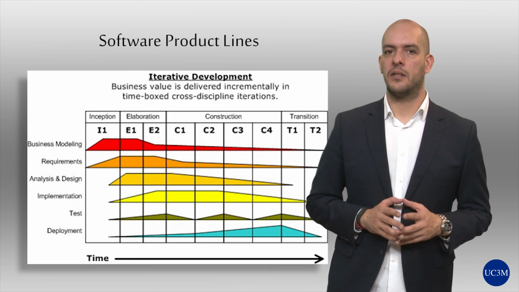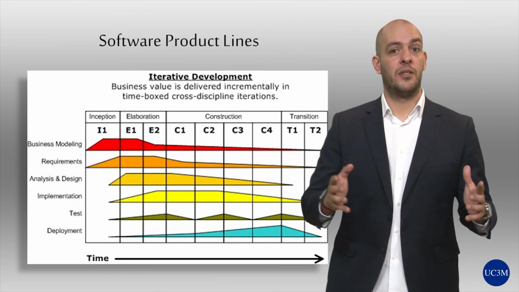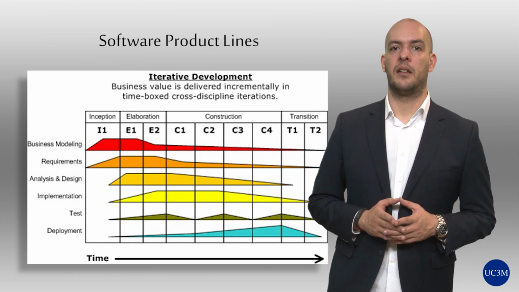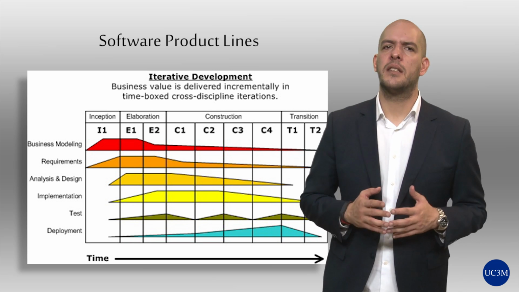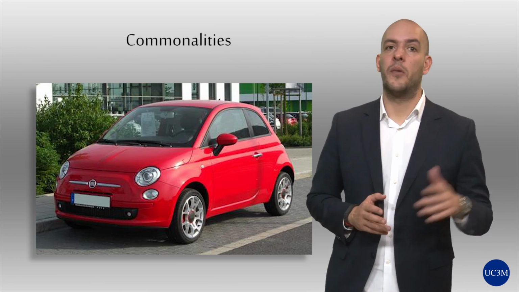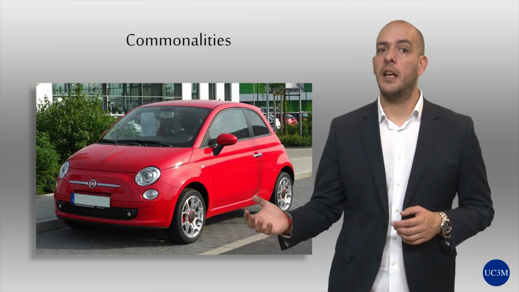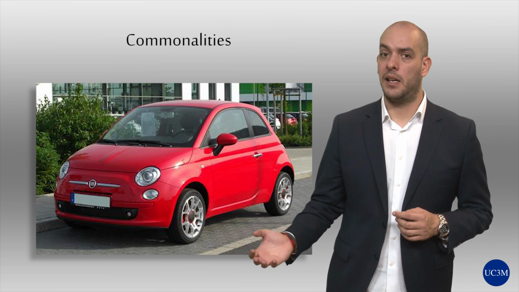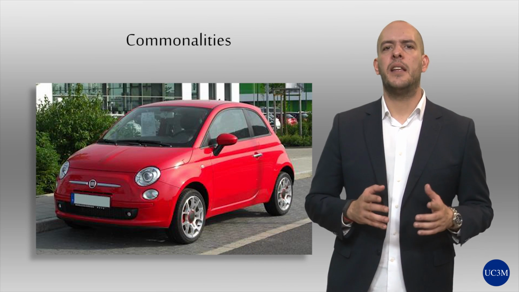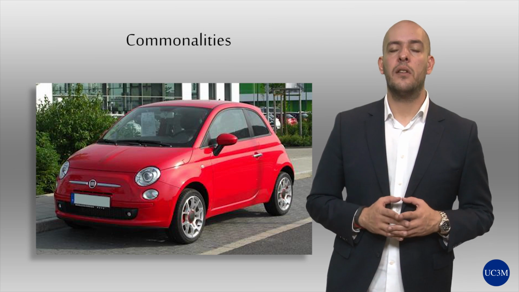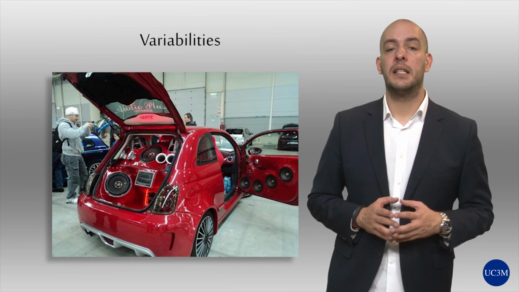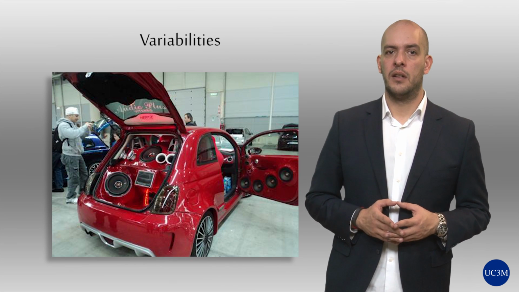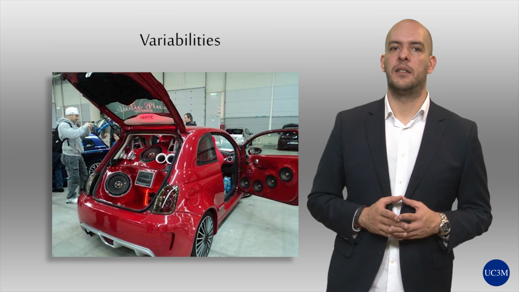Software product lines. Similar to the approach already presented in car manufacturing, software is designed and developed depending on a set of common features, commonalities, and another set of variable features, variabilities. The main idea of this approach is to model those features to allow the software development process to be divided into different stages in which features are added.